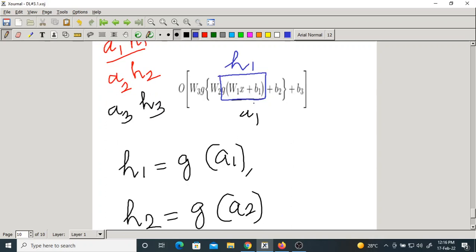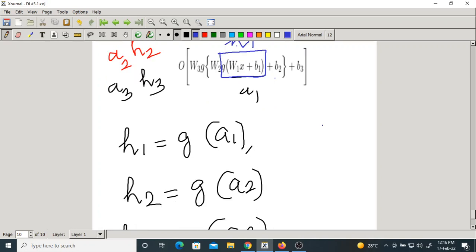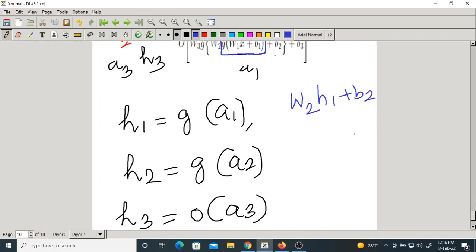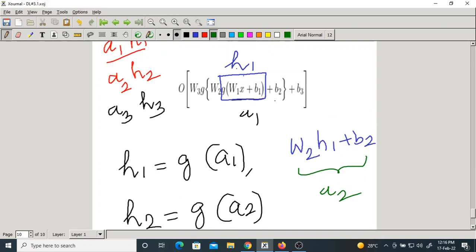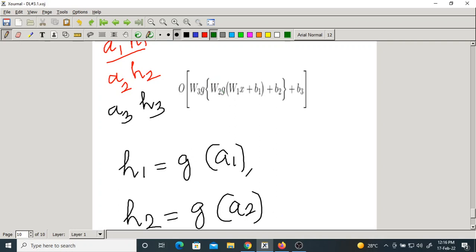Next, W2 into H1 plus B2, it is nothing but A2. So next we have W2 into G of A2. Try to understand things properly: this is H1, this is A1.